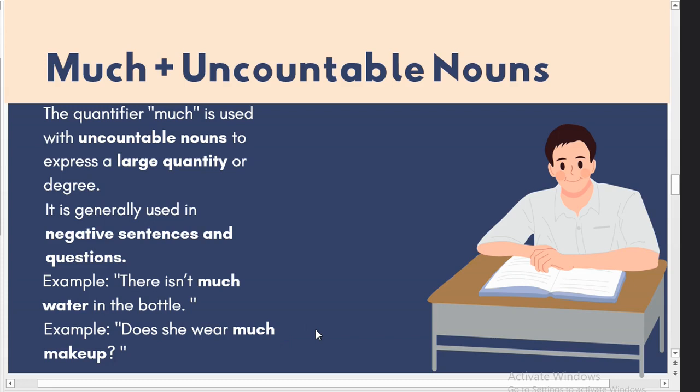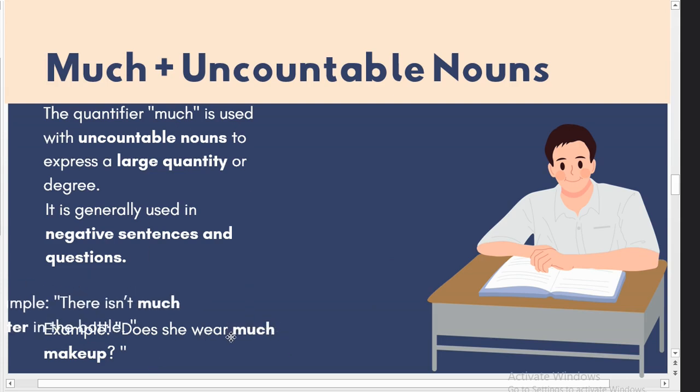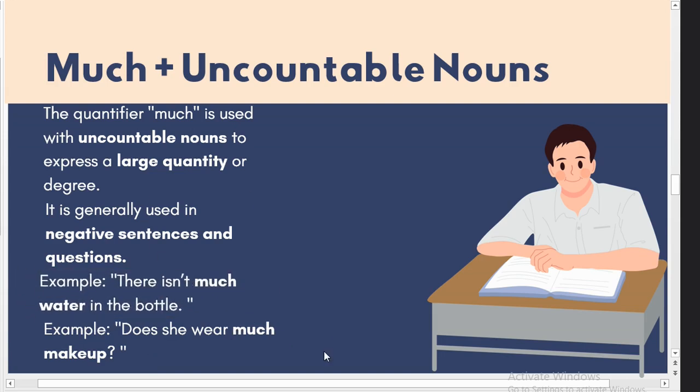We cannot count water, that's why here we use much. Always we use much with uncountable nouns. Example, does she wear much makeup? We don't know how much makeup she wears. One makeup, two makeup, three makeup. We don't know. This is an uncountable noun. That's why we use much with uncountable nouns.